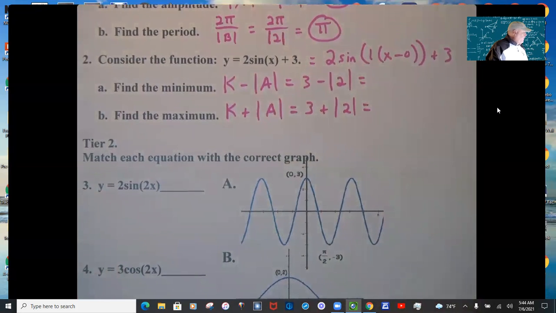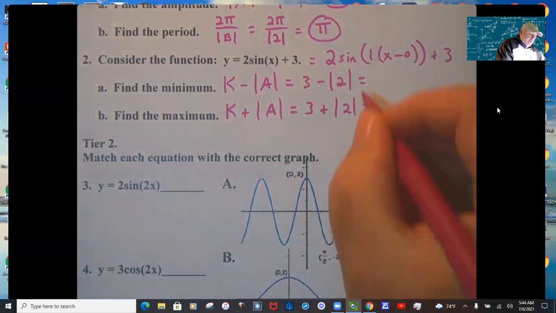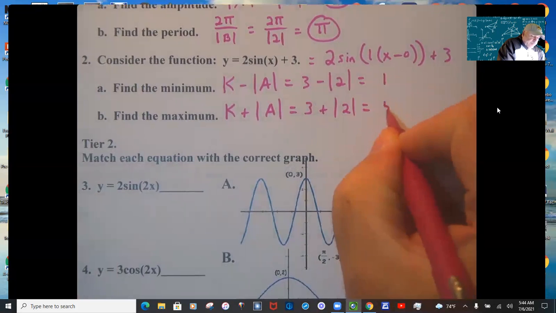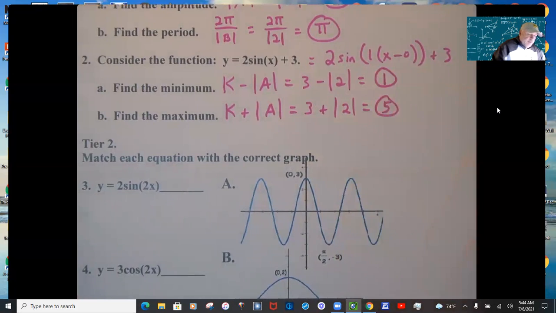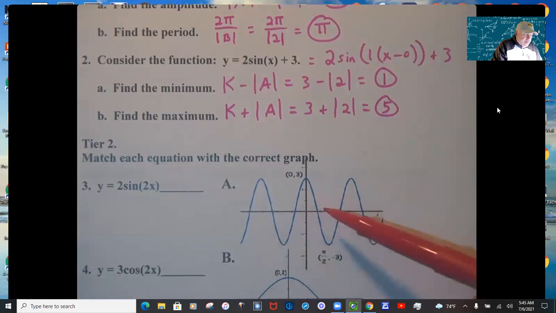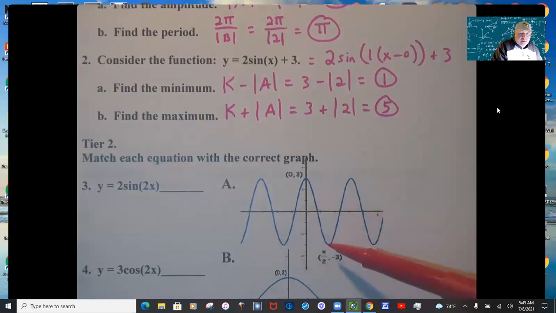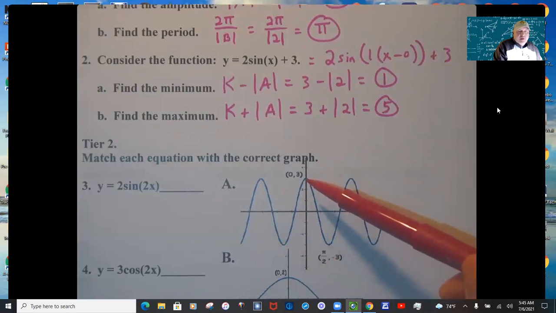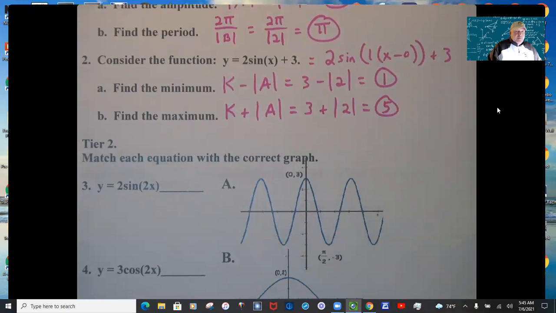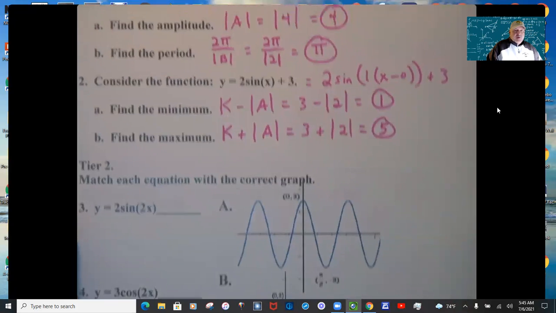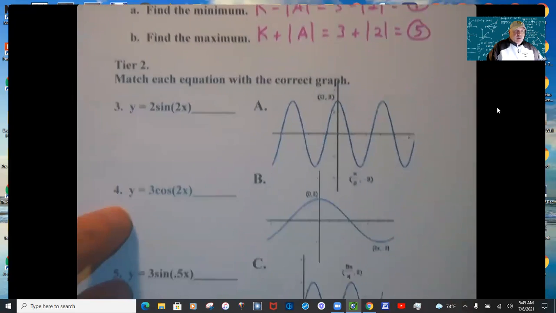This just goes up and down from the midline to give you the minimum and maximum value. So if you're looking at this graph down here again, the K minus A would drop us down here, giving us a minimum of -3, and then the K plus A would bring us up here, giving us a maximum of 3. Pretty simple formulas, but you'll find those in your notes.